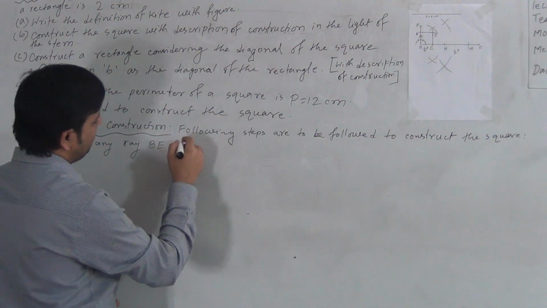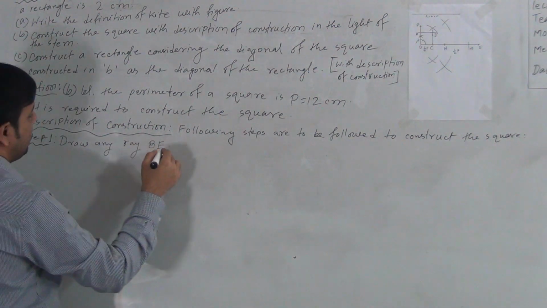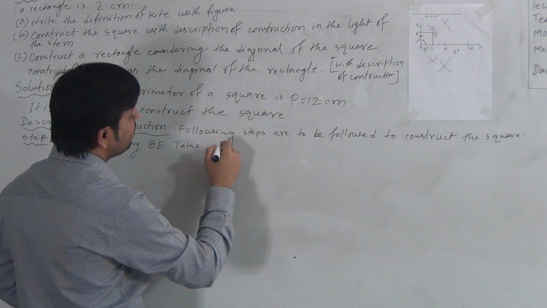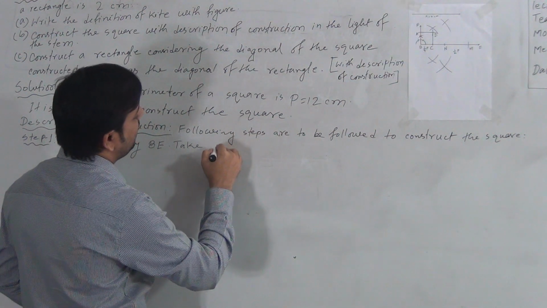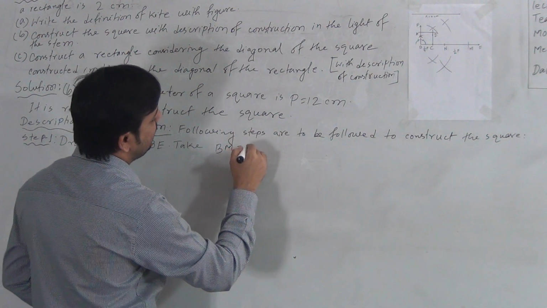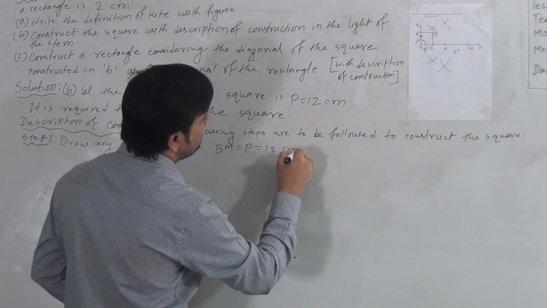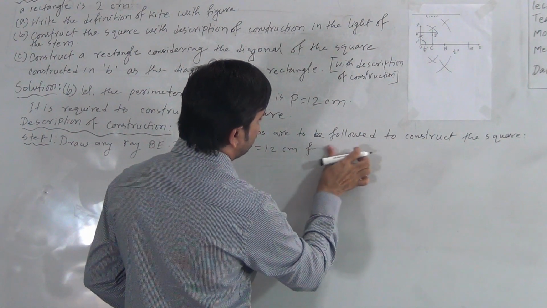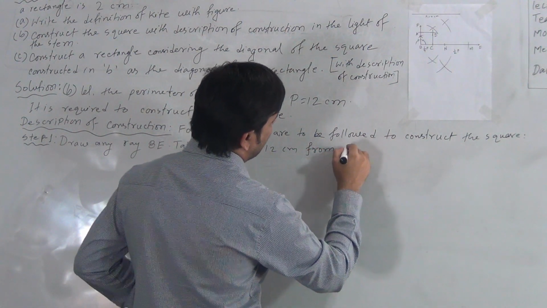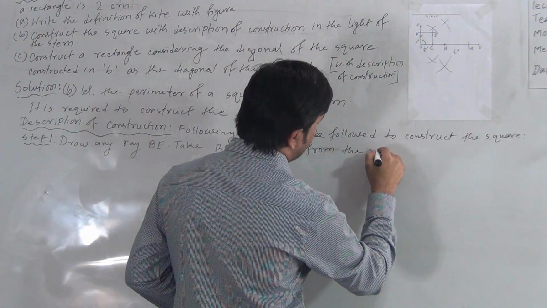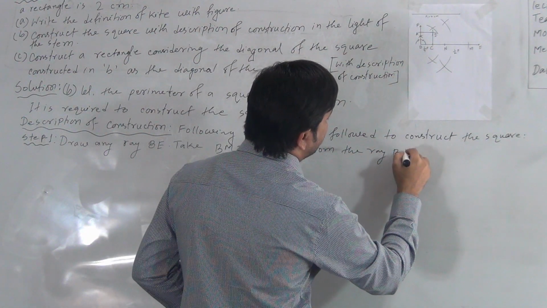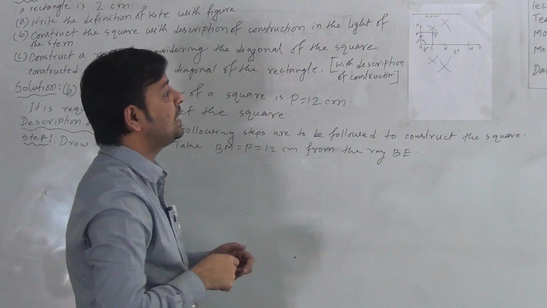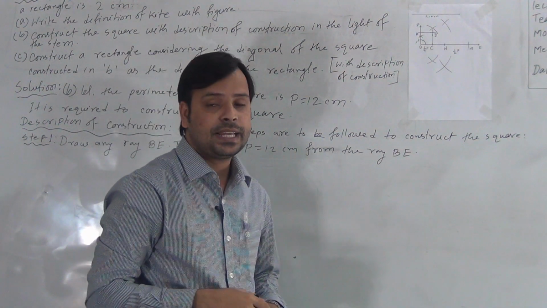In this step we can write here, take BM is equal to P equal to 12 centimeter from the ray BE. I have taken this portion.